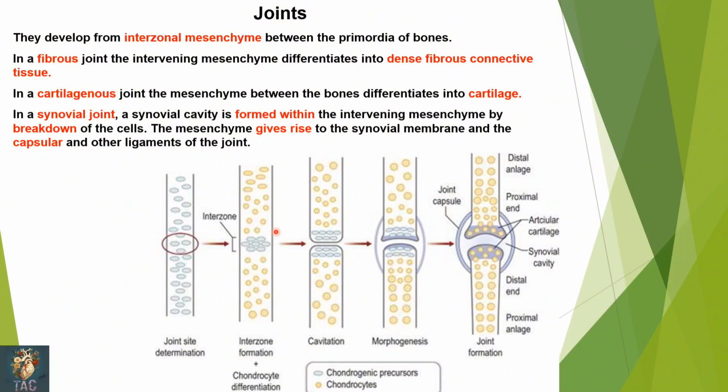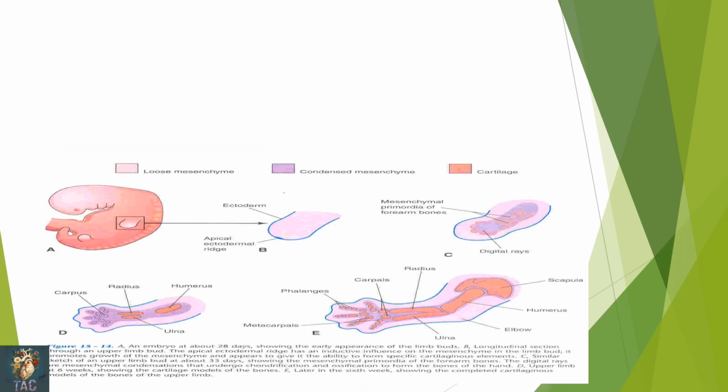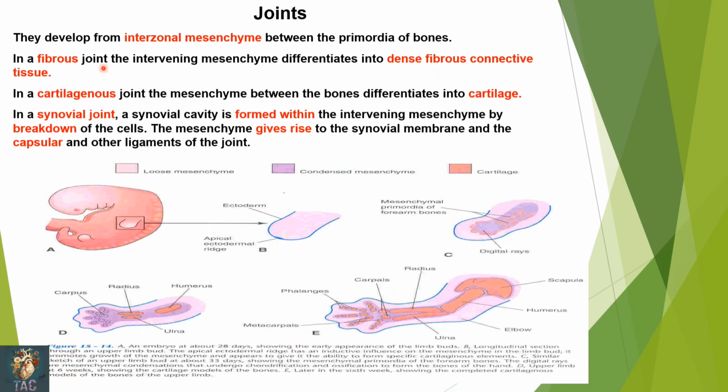In the case of the cartilaginous joint, it will become cartilage, and in the case of the synovial joint, the cartilaginous cells in the center will break down and create a cavity, and the mesenchyme will differentiate into the capsule and all other elements of the synovial joint. Again, in another diagram you can see the apical ectodermal ridge, the first constriction, and then the second constriction where the joint area will be formed.